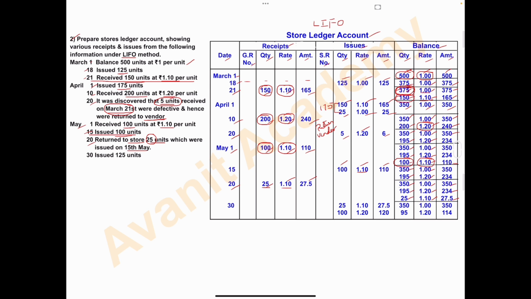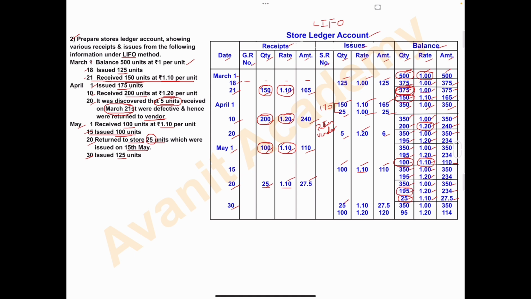And the last entry is May 30th, issued 125 units. May 30th, total how many units do we have to issue? 125. First this 25 we will issue, and the remaining 100 will be taken from this 195.